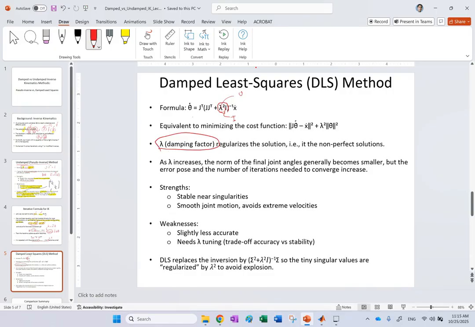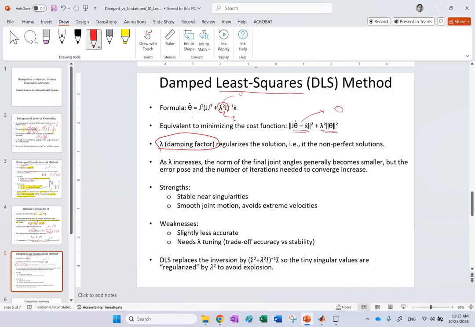Then you might say, why is it the least squares method? What kind of cost function does it minimize? The cost function is this. It is the error squared plus some gain, which is lambda squared, times the norm of the joint velocities theta. The previous one that has 0 lambda will make this error ideally go to perfect 0.